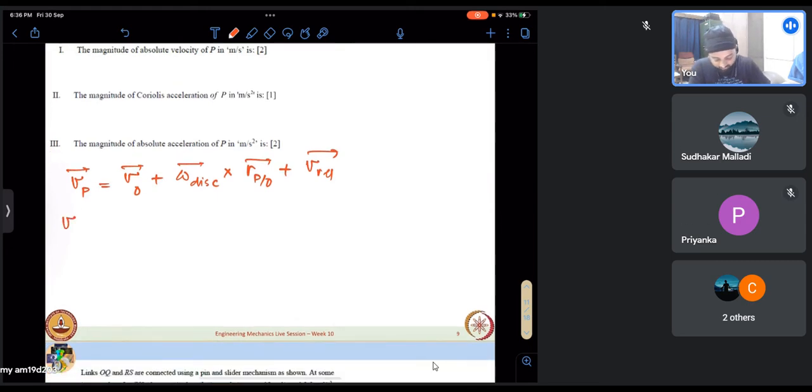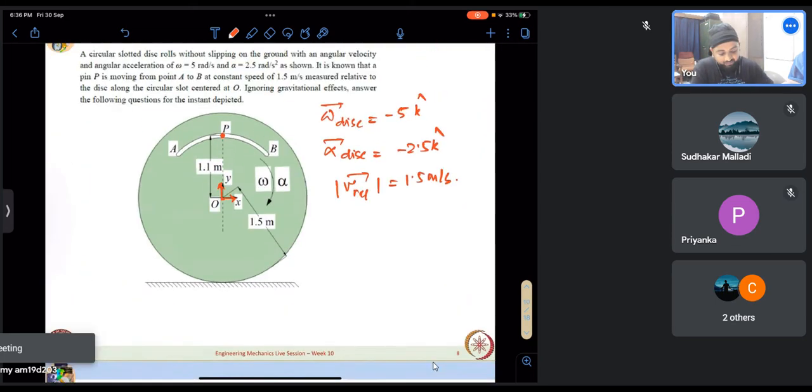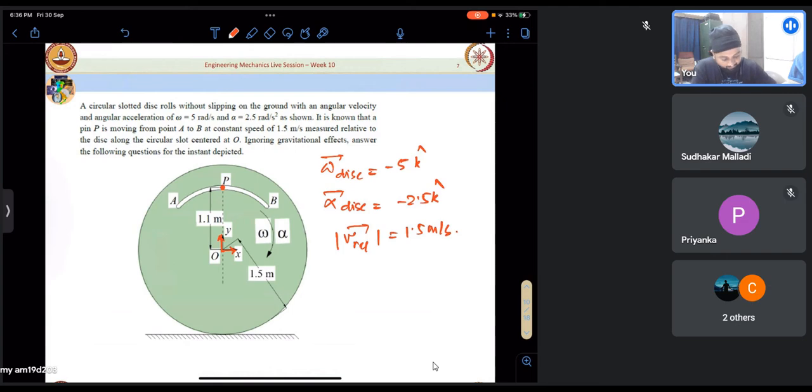Now the velocity of O itself we can find because it is rolling without slipping. It is nothing but minus 5k cross 1.5j.